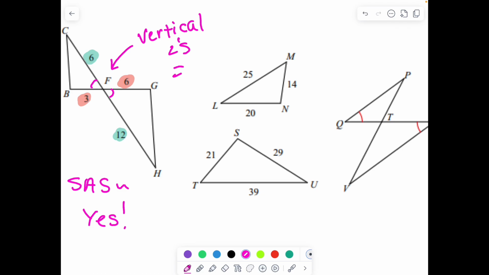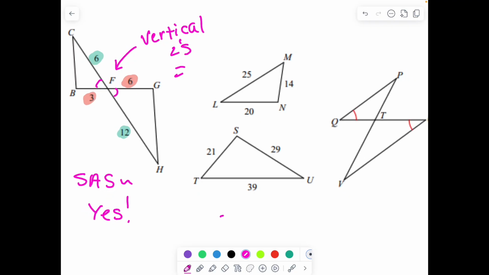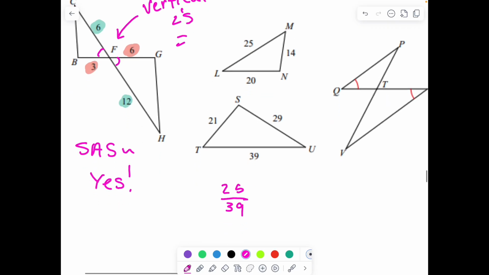All right, here we have a case of hopefully side-side-side similarity, but we might have to just check which sides go with which, okay? So this triangle has been rotated pretty wonky, but I think we've got the 25 goes with 39, and the 20 goes with 29, and the 14 goes with 21.